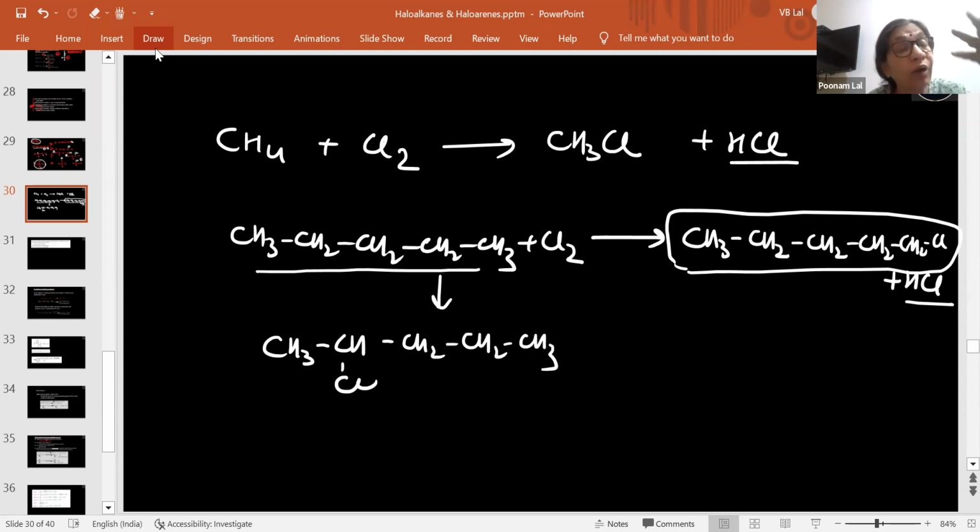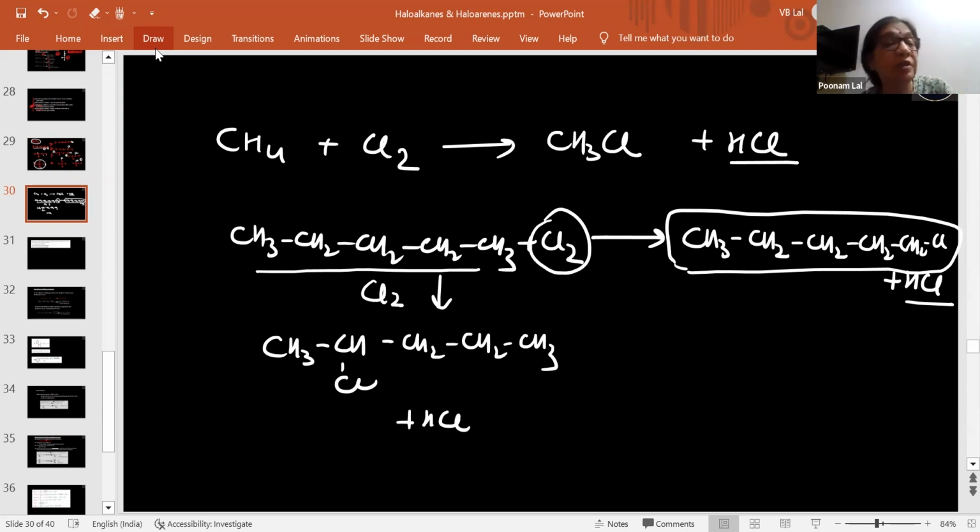In organic chemistry, the interesting thing is that you can't write stoichiometric reactions like you write in inorganic chemistry. Here, multiple products can be formed. Some chlorine molecules would be doing this, another chlorine molecule would be doing this plus HCl. So many side reactions will be happening. So you could get 2-chloropentane and you could also get 1-chloropentane.